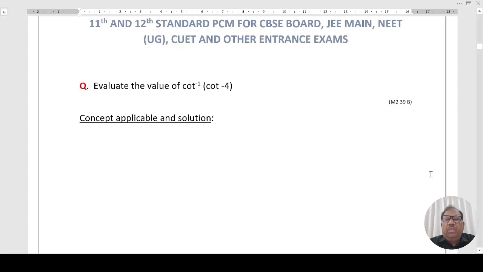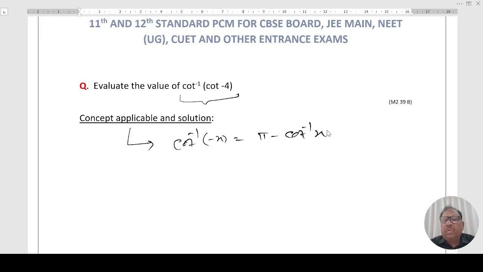Question is, evaluate the value of cot of inverse cot minus 4. Concept applicable: cot inverse of minus x equals pi minus cot inverse x.